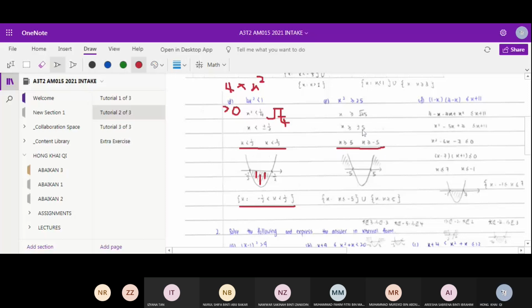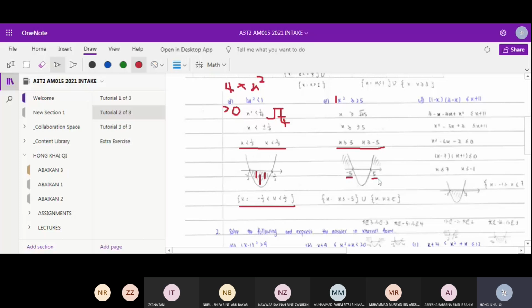And then we need to draw the graph like this. So we see the A first. A is 1 here, so 1 is more than 0, a smiley graph. And then negative 5 we put here and positive 5 here.